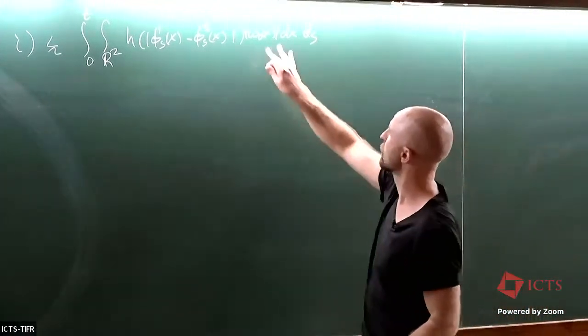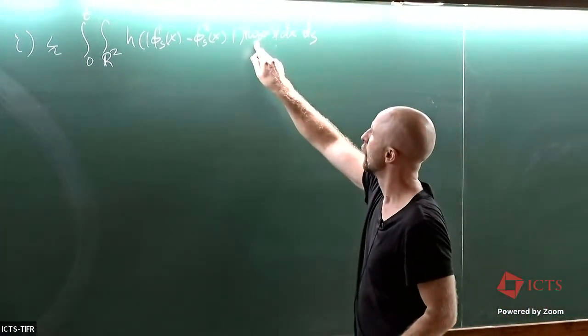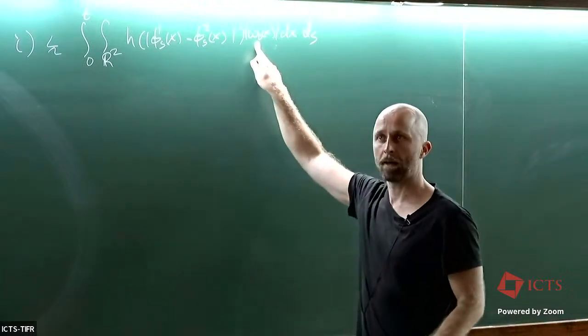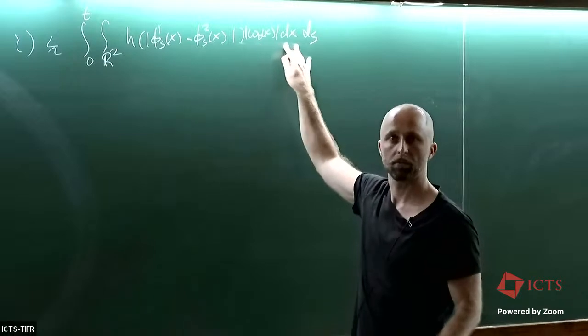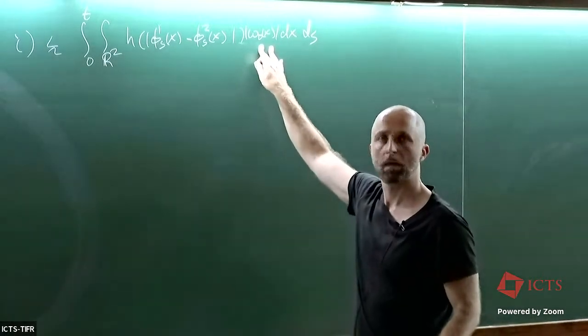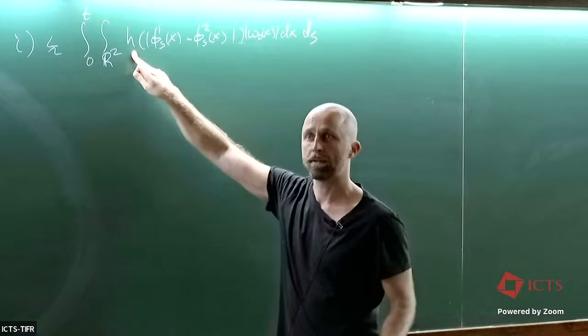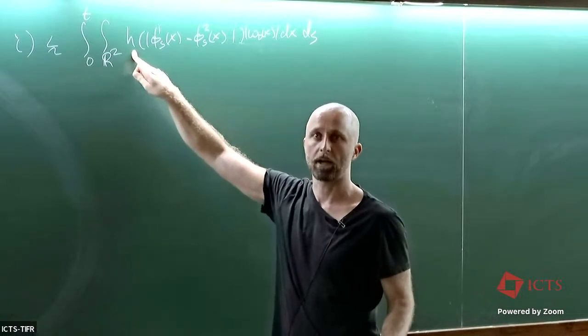Now, since we're assuming that omega naught sits in L1, this is a finite measure. And we can check, it's very easy to check, that H is concave.